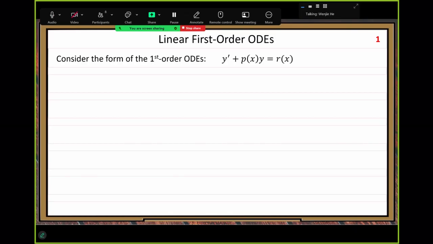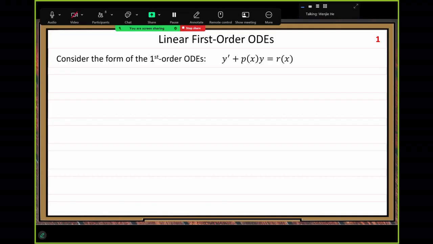Although first order looks simple, we can only solve some special types of first order. For arbitrary first order, most of the time we cannot solve. So we can only solve some special types of first order ODE, and this is one special type: y prime plus a coefficient, a function P of x.